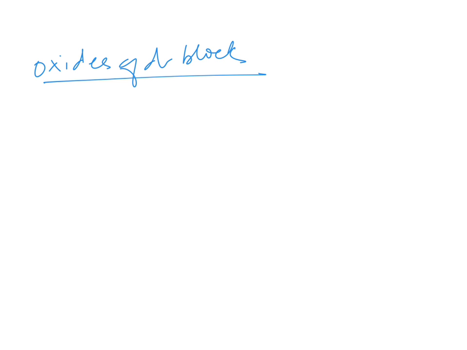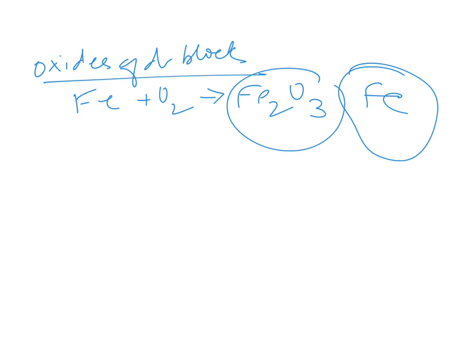So most of them react with air and form their oxides. Iron can form FeO and Fe2O3, cobalt, nickel, all can form oxides. Okay. When it reacts with oxygen, it forms Fe2O3. What happens? A protective layer of Fe2O3 is there over the Fe, and thus it does not further react with acid, and thus the reaction stops here.